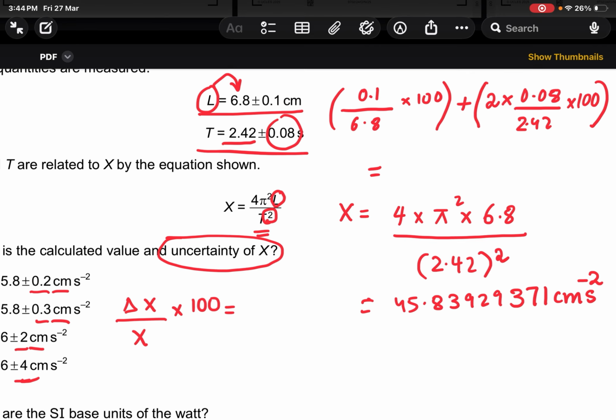I'm doing this on my calculator. Plus 2 into 0.08 upon 2.42 into 100, and I get 8.082% as my percentage uncertainty in the value of x.